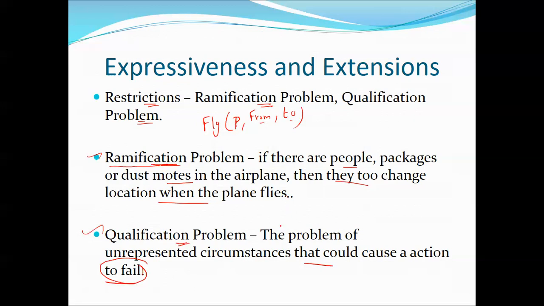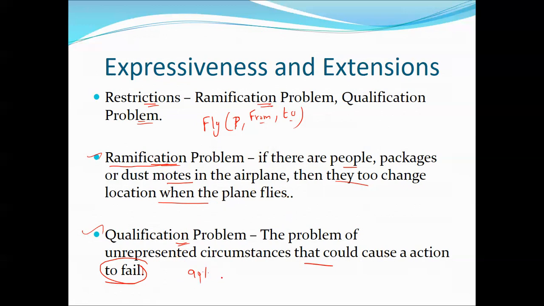There is a precondition, but some of the preconditions we might have left out. So it's not that every precondition you could have included. Of course we try our level best to include all the preconditions, but in the real world scenario you don't know what will happen, right? So 90% of the time, whatever preconditions you give, or even 99% of the time, it will work.